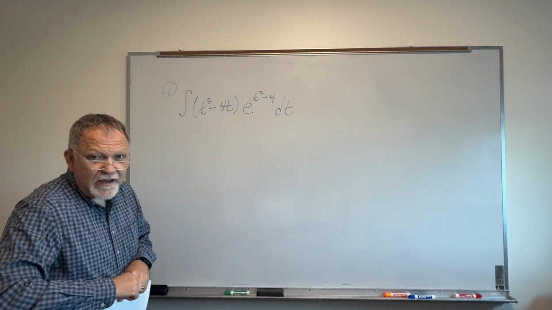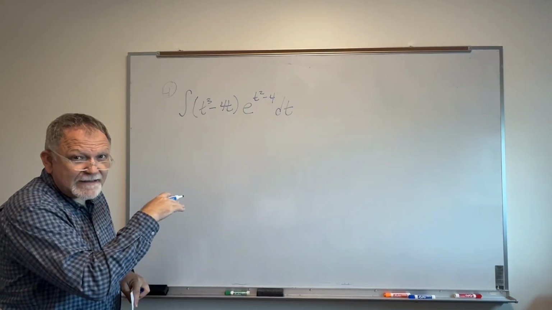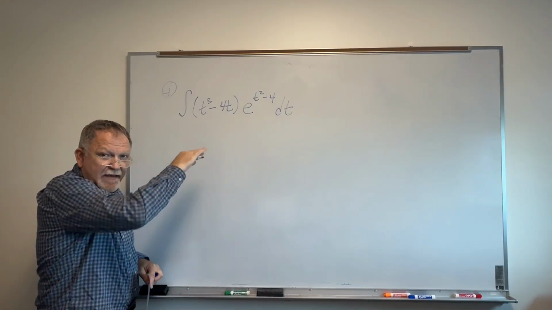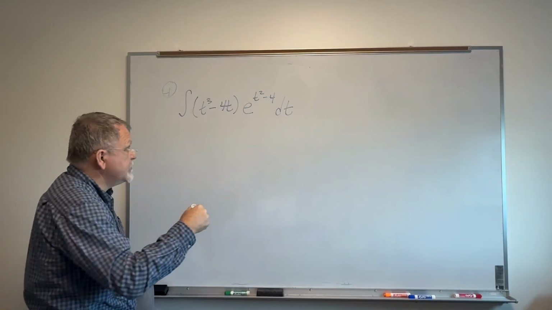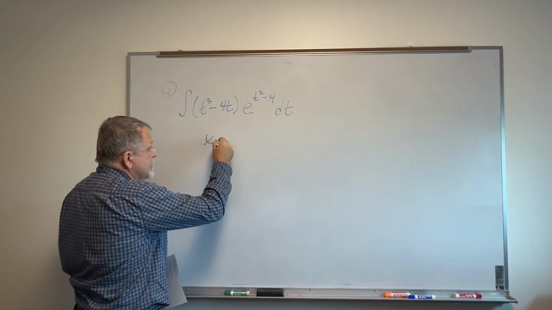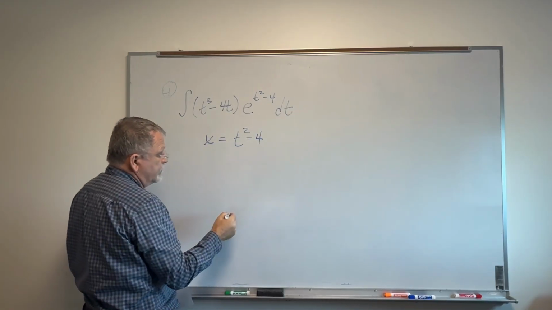So here's my strategy. Instead of a u substitution, I'm just going to call it x this time, such that when I get down to the integration by parts part, I'll be able to use u and v. So I'm going to say x is equal to t squared minus 4.